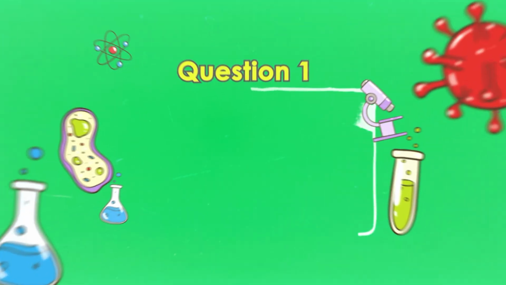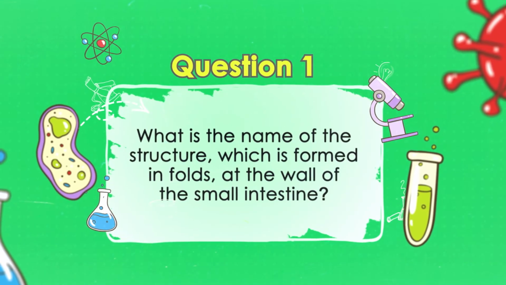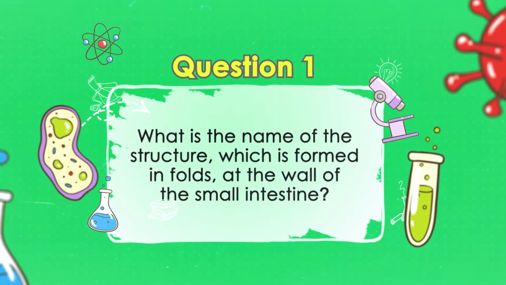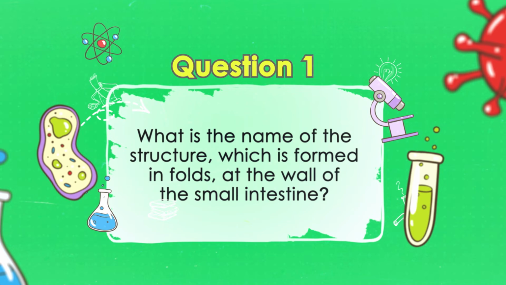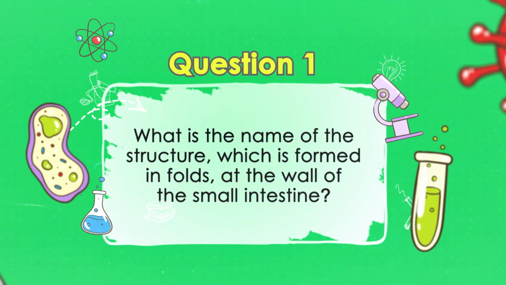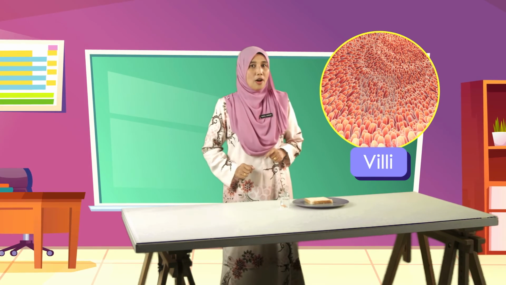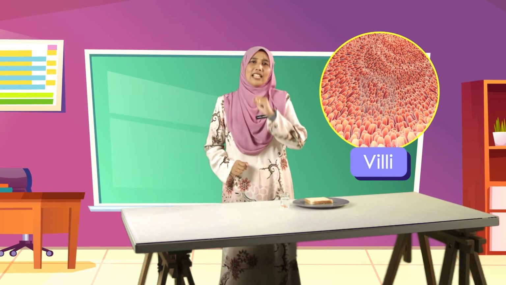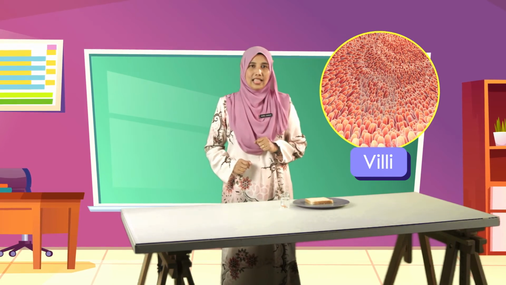Question 1. What is the name of the structure which is formed in folds at the wall of the small intestine? Let's check your answer. You are right. The name of this structure is villi. Next is question 2.